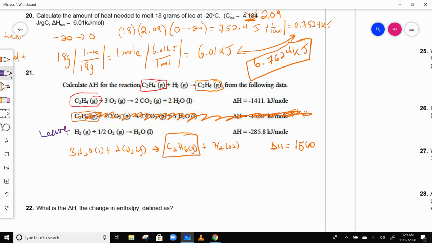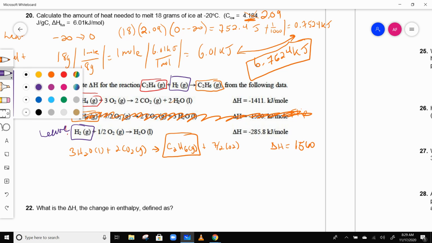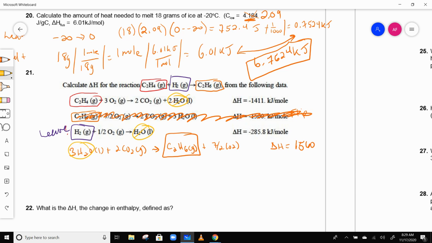That will make the H2 here an H2, right? And then these H2Os will cancel, they're on opposite sides. The CO2s will cancel, they're on opposite sides. These O2s add up to 7 halves, and those will cancel on this side.